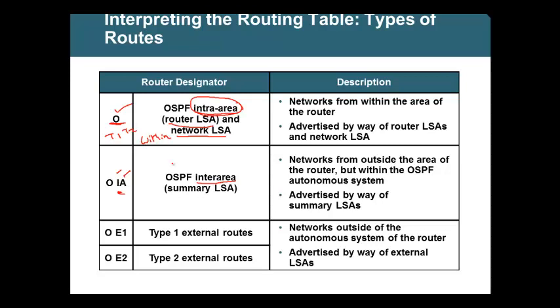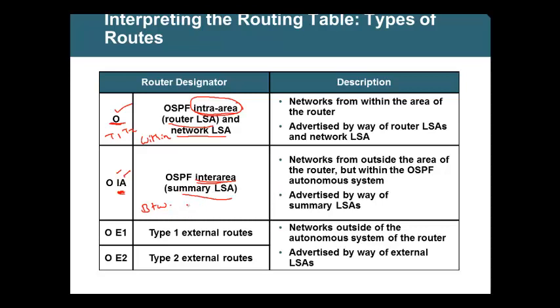Type 3 is the summary LSA, between areas. So when you learn other area routes, you learn via type 3. When an area receives other area routes, it receives them as type 3.